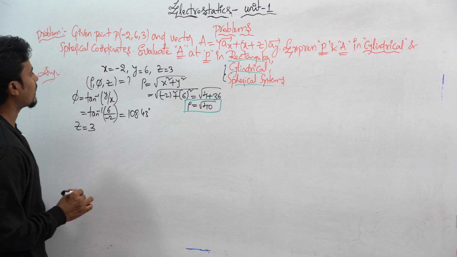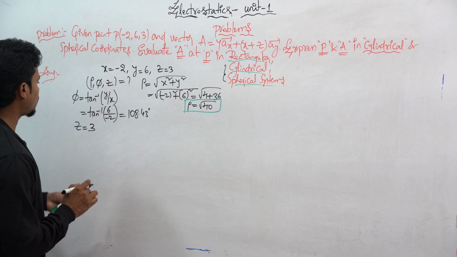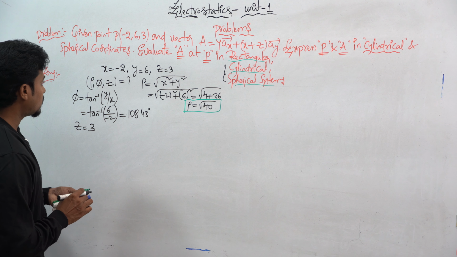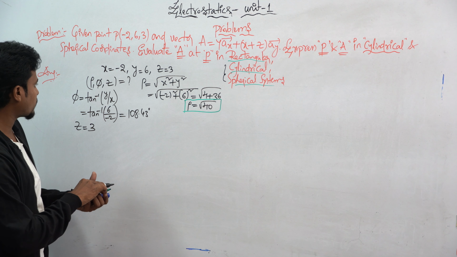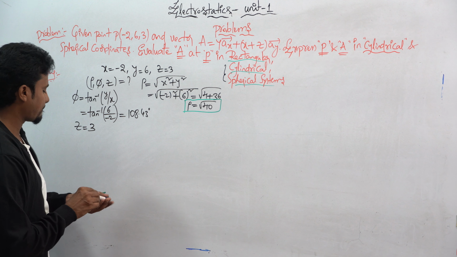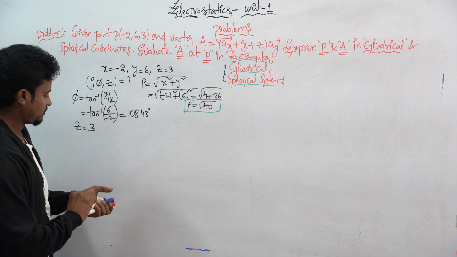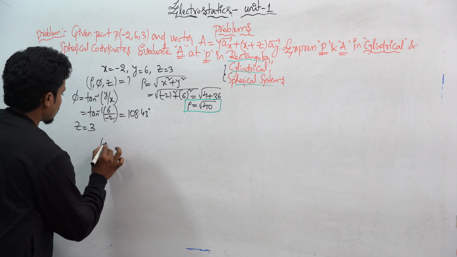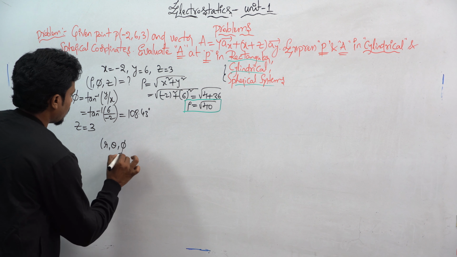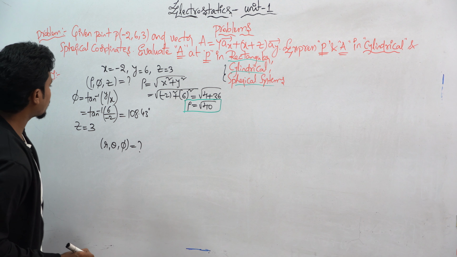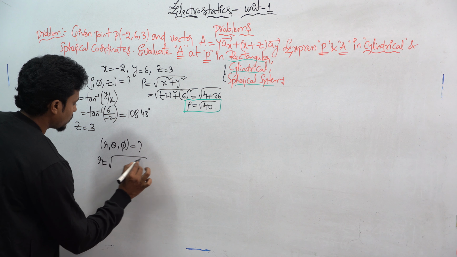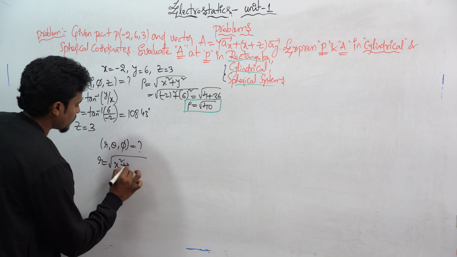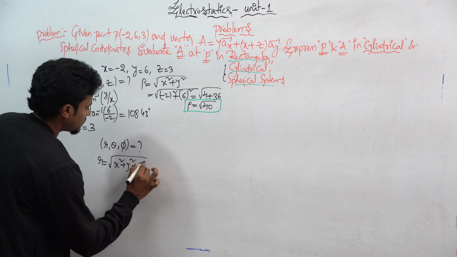Okay, and similarly, what will happen to the spherical coordinate system? The parameters for the spherical coordinate system are r, theta, phi. You know the formula: r is equal to square root of x square plus y square plus z square.